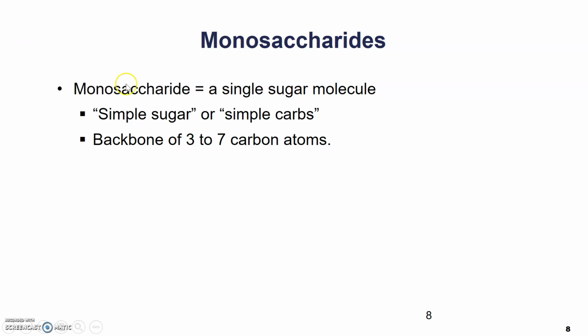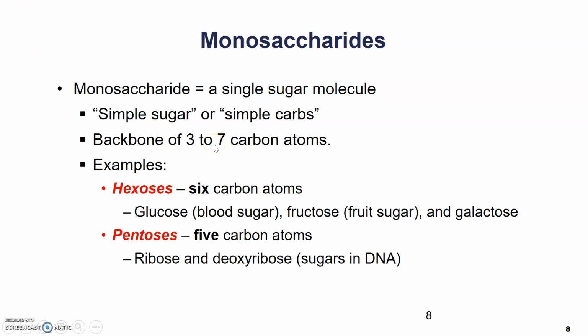They have a backbone made up of 3 to 7 carbon atoms. There are some different examples of monosaccharides listed here. You don't need to know which ones are hexoses, which ones are pentoses. You don't need to know all of these examples, but it's important just to illustrate the variety of monosaccharides or monomers of carbohydrates out there.